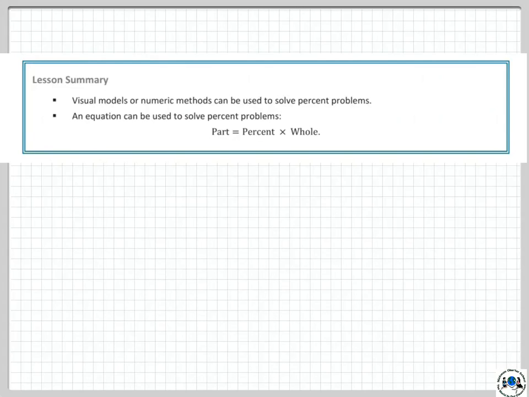These are all things that can be done by just paying attention to the percent formula, which is part equals percent times whole. Whatever you're given, you plug it into this equation, and you're going to be left with either the part or the percent or the whole as an unknown, and then you can just work your algebraic magic to come up with the answer.